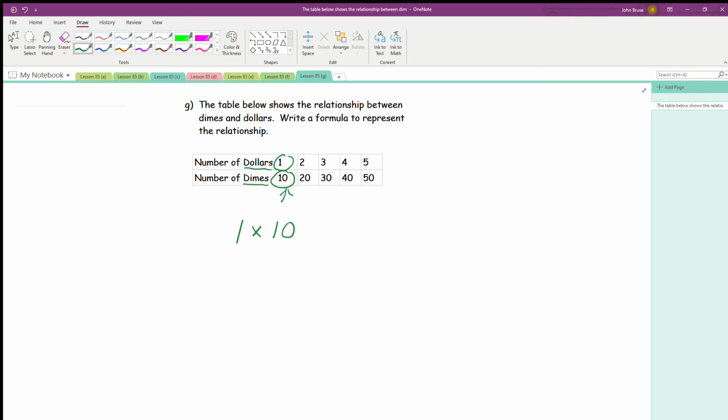So we're going to switch colors too. We're going to look at this one here. So if I do 2 times 10, will that give me this answer? 1 times 10 was 10, and 2 times 10 is 20. Well, sure enough, it works.